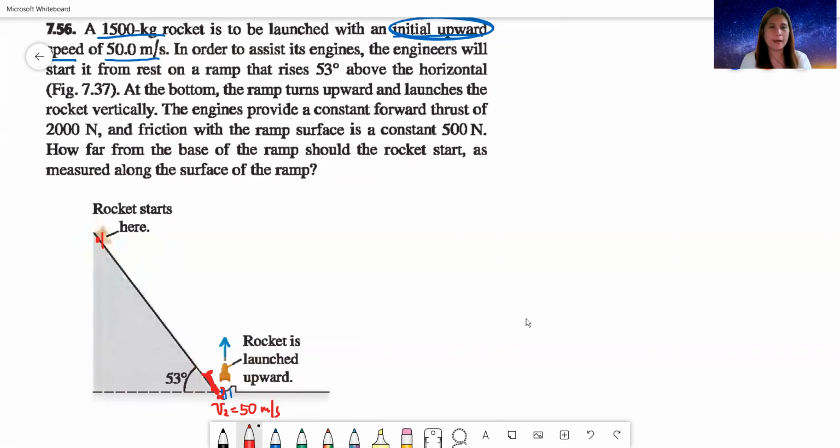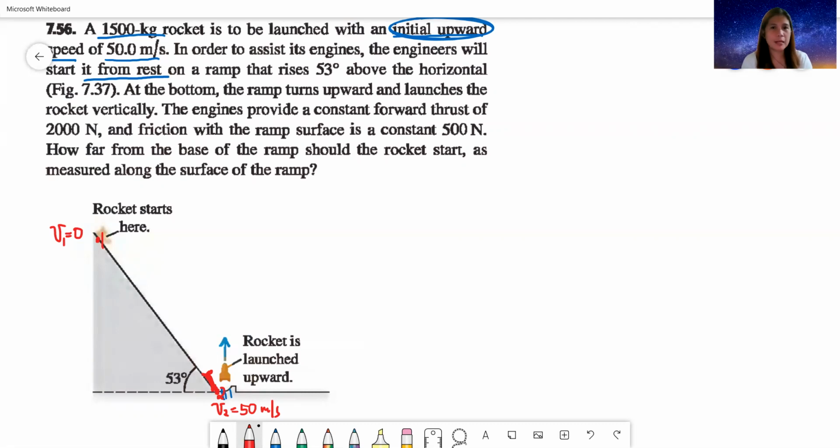Okay, there. Now, in order to assist the rocket's engines, the engineers will start it from rest. Yan. So, ito na yung clear ngayon na at the top of the ramp, it has to start from rest. So, immediately we say that it has no initial speed with respect to point 1 here above the horizontal.